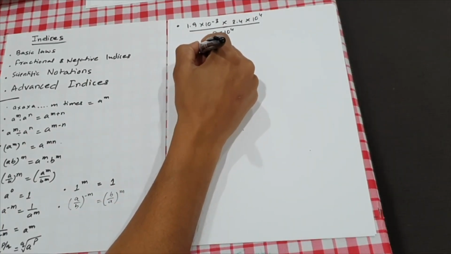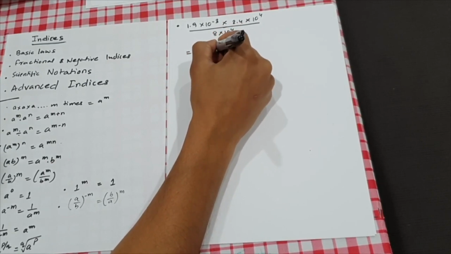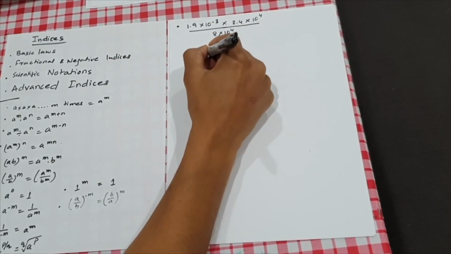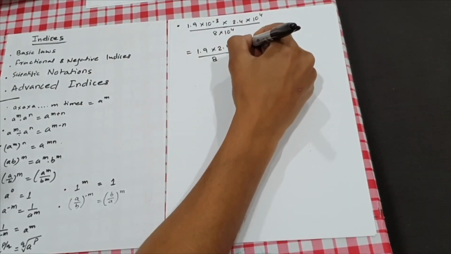So let's bring all the similar quantities together and all the dissimilar quantities together. They are all multiplied, so you can separate them the way you want.